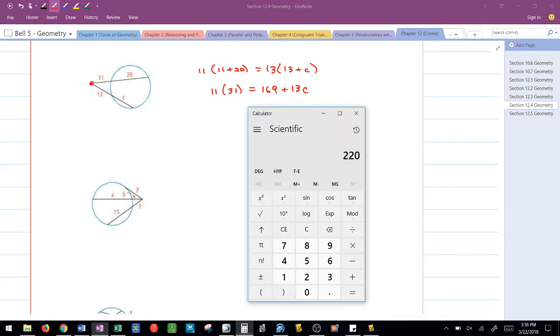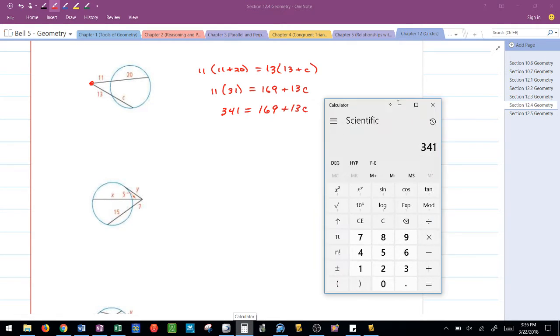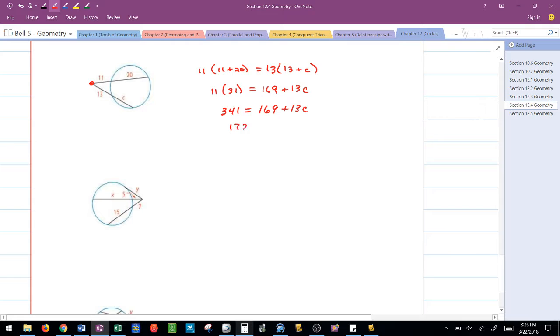11 times 31, let's do that on the calculator. 11 times 31, 341 is equal to 169 plus 13C. I'm going to subtract 169. So if I take 341 minus 169, I get 172 is equal to 13C.